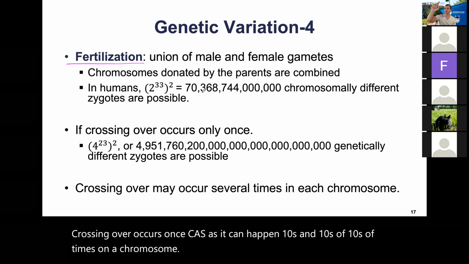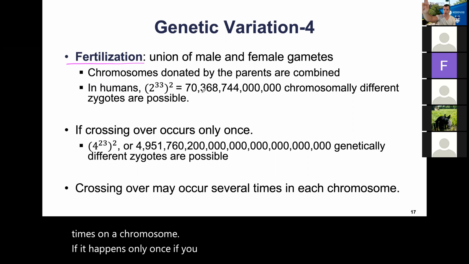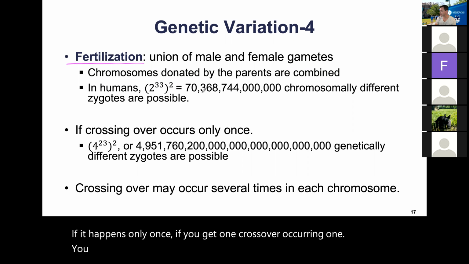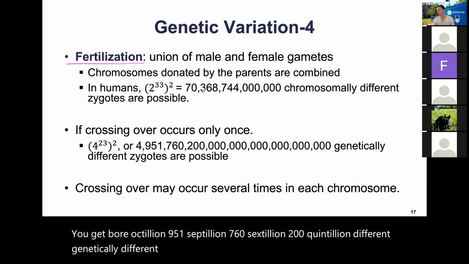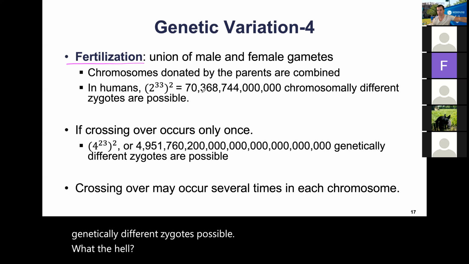If it happens only once, if you get one crossover occurring, one, you get 4 octillion, 951 septillion, 760 sextillion, 200 quintillion genetically different zygotes possible. What the hell? That's crazy. That's crazy.